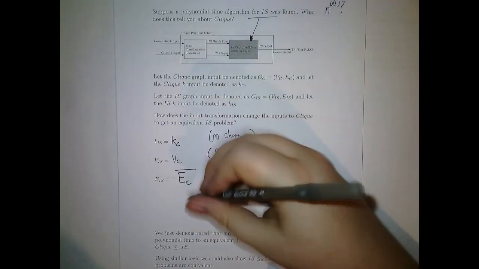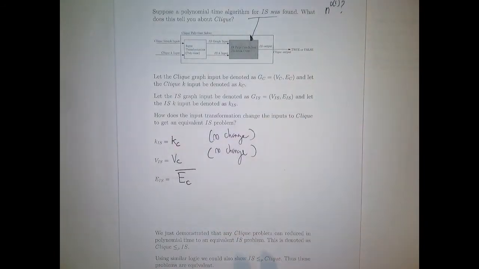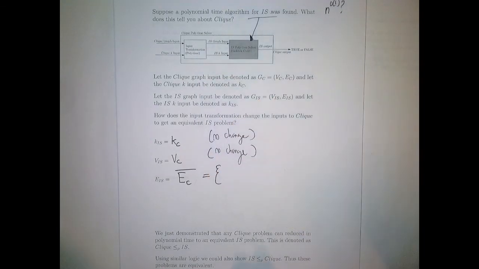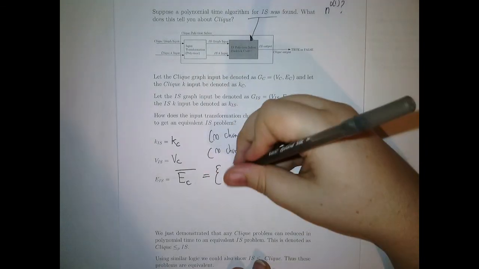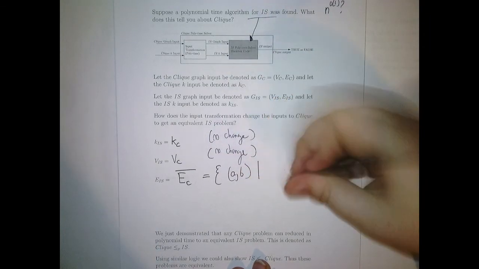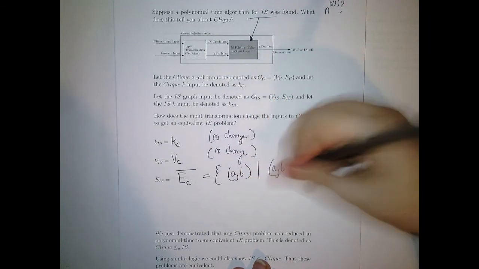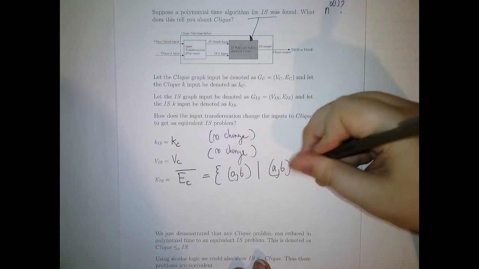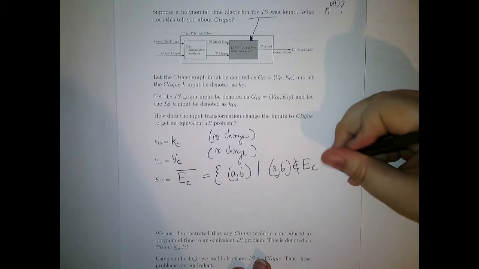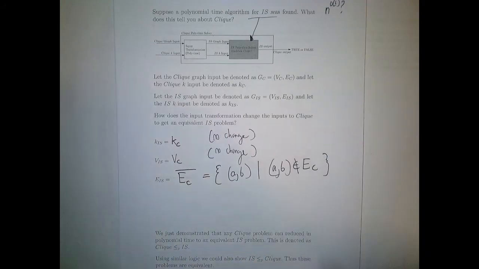So this is just the negation of the edges that exist, aka if you have an edge A to B which is not present in the original set of edges, then it is going to be present in the new set of edges for independent set.